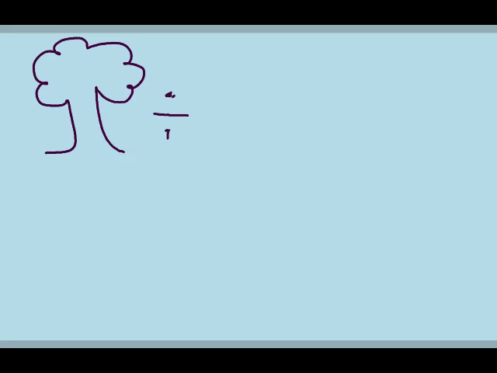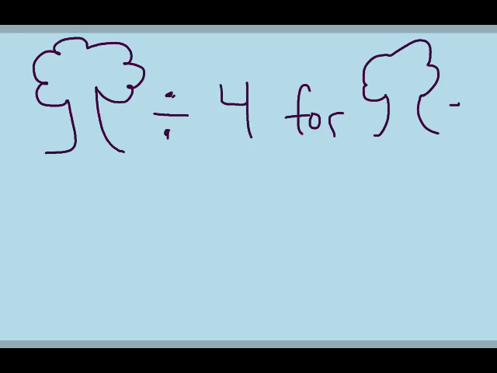So that could be, and let's just jump out of letters for a second. Again, a variable can be anything that holds the place. Let's do tree divided by, I think it's a pretty good tree, divided by 4. And this whole time I've been saying 'for tree equals something.'